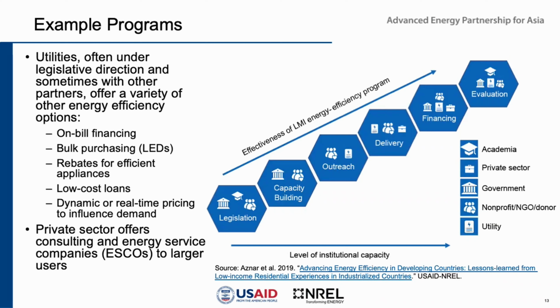And the higher level of institutional capacity you have, the greater effectiveness and magnification of impact you can achieve in your energy efficiency programs. Demand for demand-side management often exceeds available funding resources. So we must prioritize one project over another. How do we do this?